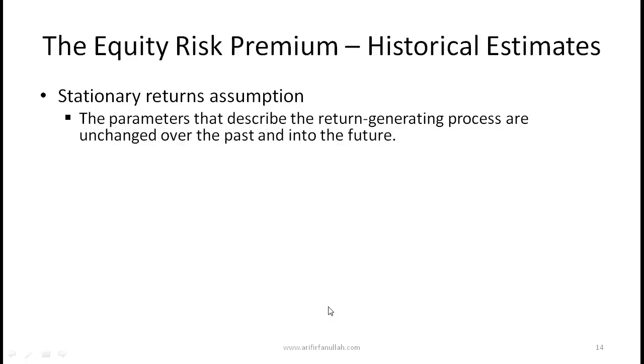Now with non-stationary data, if the volatility is changing, that's bad, but not that bad. What is really bad is if the mean is changing. So if your equity risk premium is changing over time, then that's a problem. So ideally you want to choose a time frame where you believe that the equity risk premium is not changing.